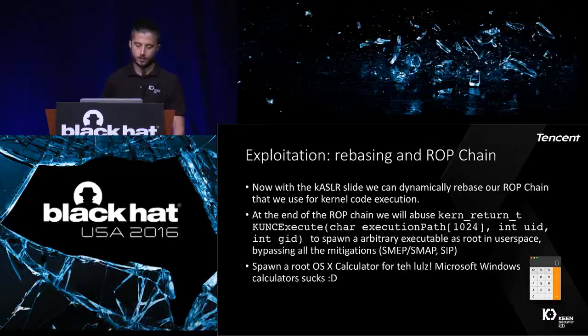So at the end of our ROP chain, we'll invoke this nice OS X method, which is KUNCExecute, which communicates with a user space daemon, and it will allow you to execute an arbitrary binary as root. In this way, we can bypass SMAP and SIP and spawn a root OS X calculator.